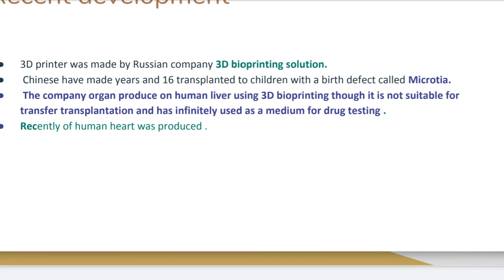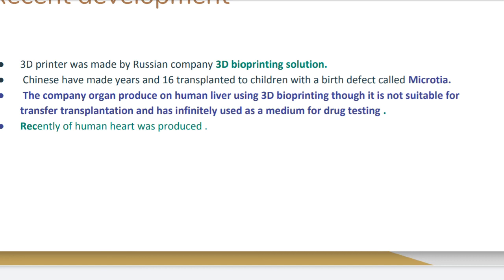And next, a company known as Organovo produced a human liver using 3D bioprinting, but it was not suitable for transplantation, so it was not transplanted. But the development that the company has done cannot go to waste, because that organ can be used for drug testing.